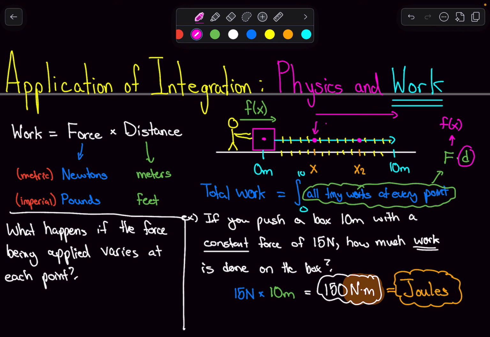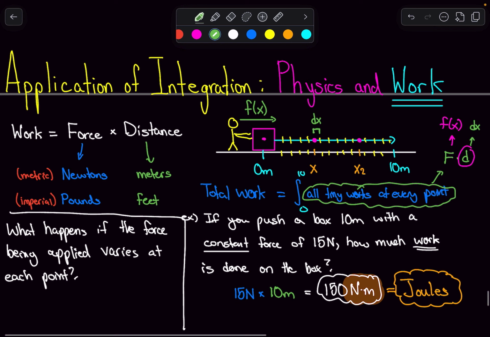And the answer is no, we can't do that because the force changes at every single one of these points. So I can really only talk about exerting my force for this tiny little bit of distance here. And guess what we call that infinitely small distance there? In this particular example, we're going to call it dx. And so we get our force times our distance, which in this case is dx.